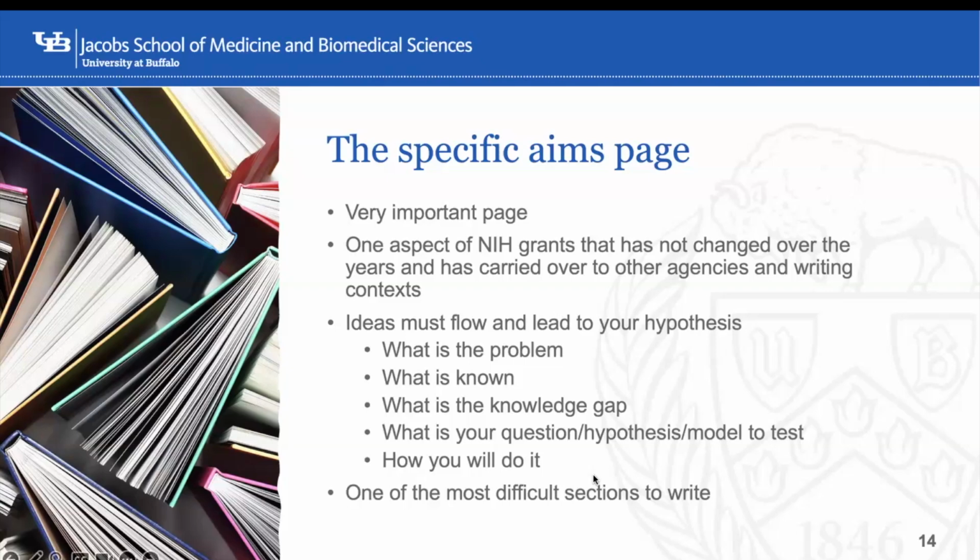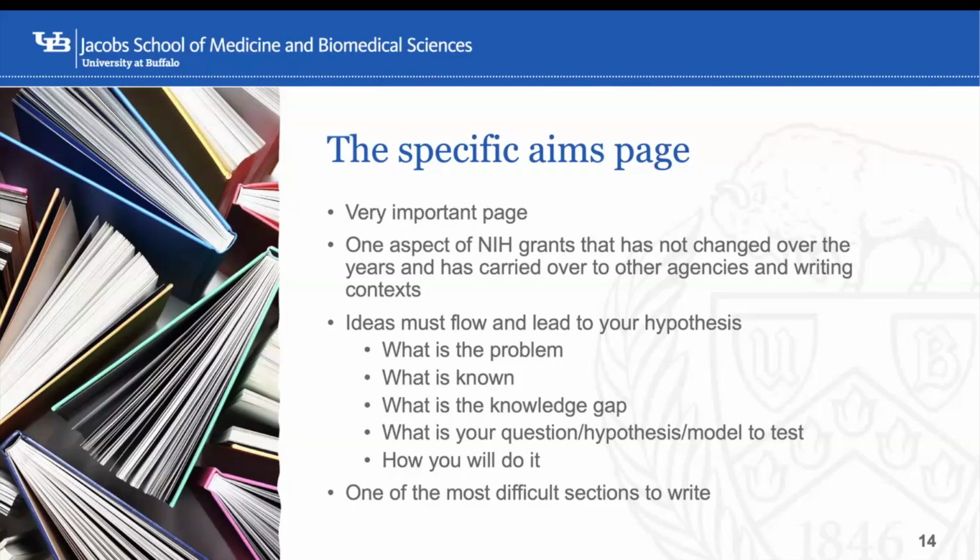This is one of the most difficult sections to write. It took me many years to learn how to write it. I became better once I started reading a lot of grants and evaluating grants and seeing how other people evaluate grants. Again, shifting from the writer to the reader really helped me get better at writing these aims pages. Because it's one of the most difficult sections to write, it takes the longest and requires the most input, right?